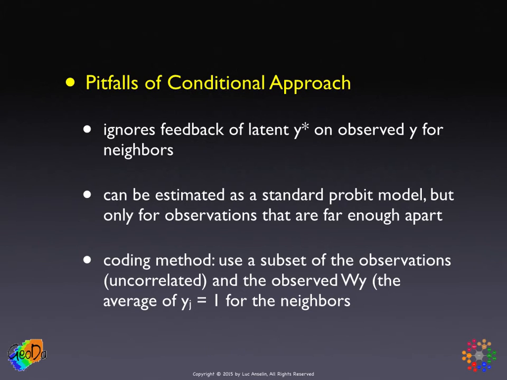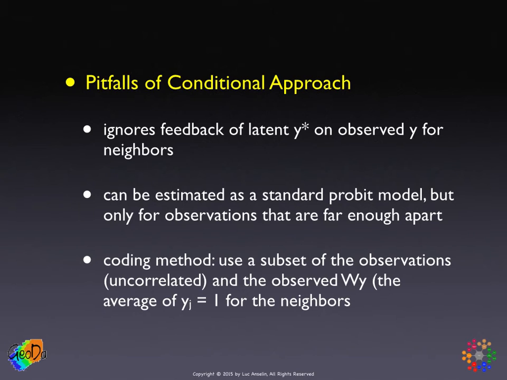This is called a coding method, and the coding method consists of subsetting the observations into little islands, so to speak, an island with an observation and its immediate neighbors, such that there is no overlap.